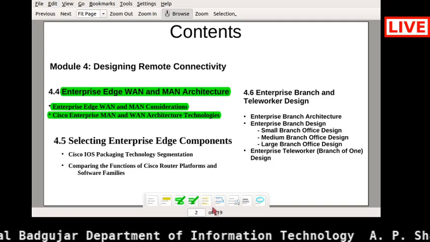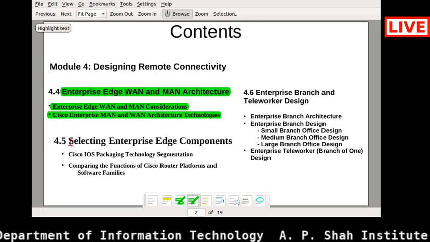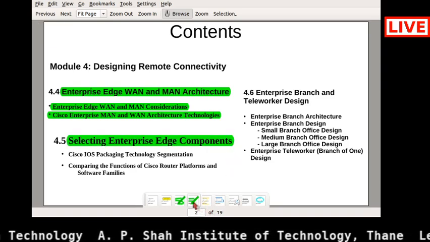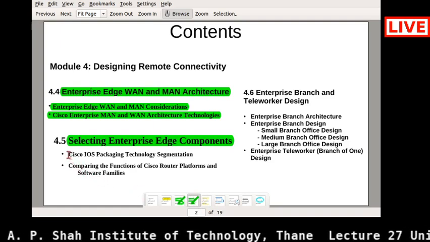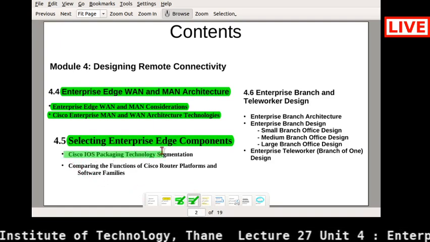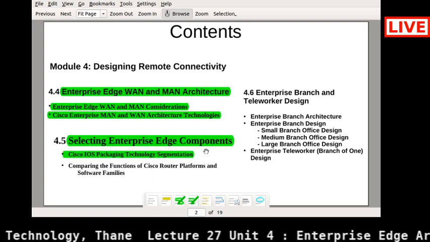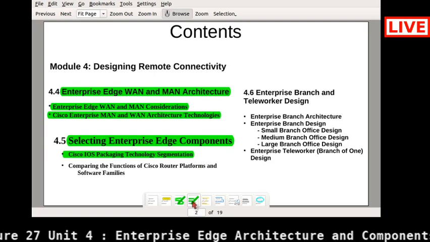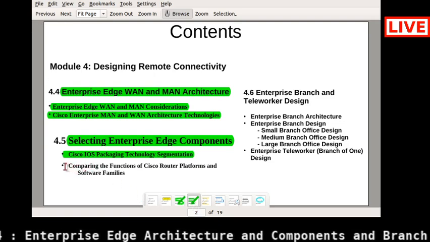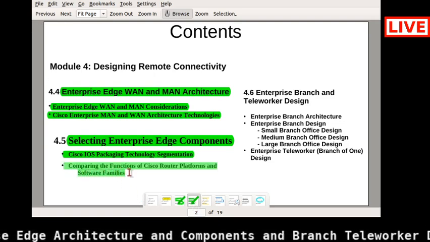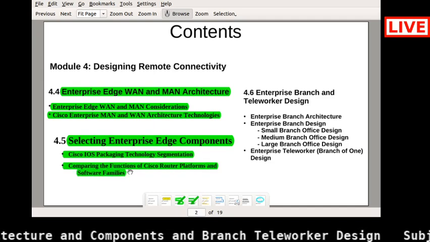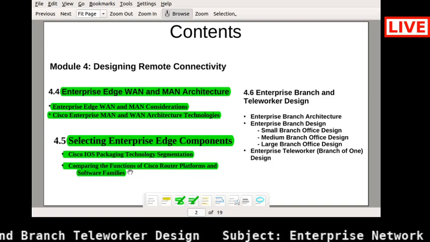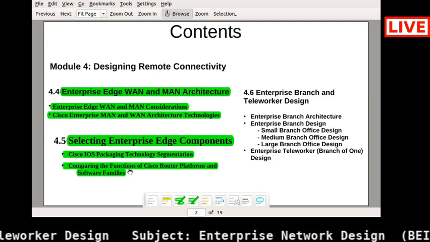Then we will move towards selecting enterprise edge components. In this we have different Cisco IOS packaging technologies, and we will see what they are and how they are interrelated with each other. We will also see some of the Cisco routing platforms and their software families. There are different series of Cisco routers available, and each has different functionality.